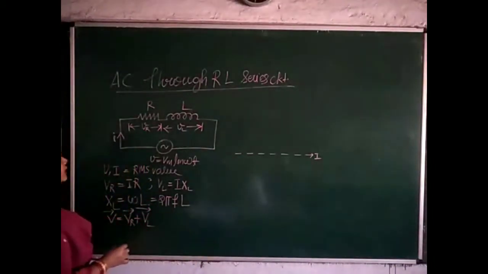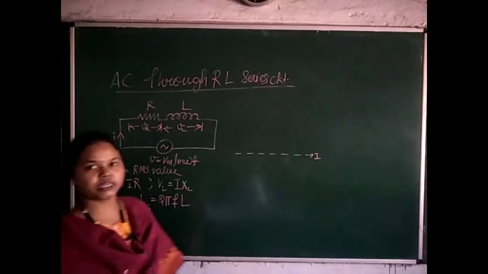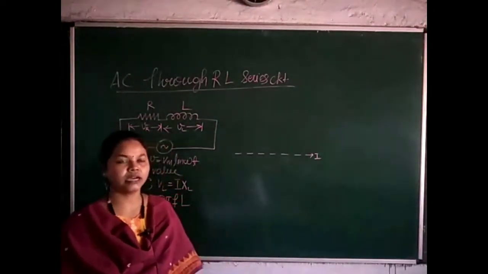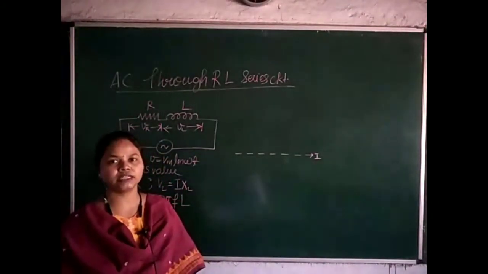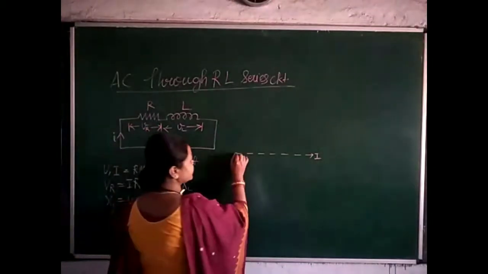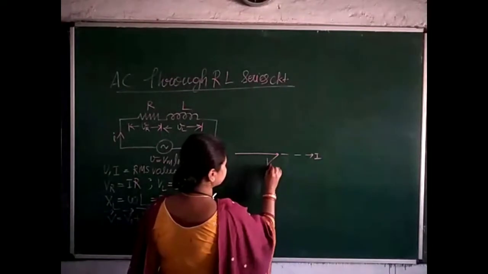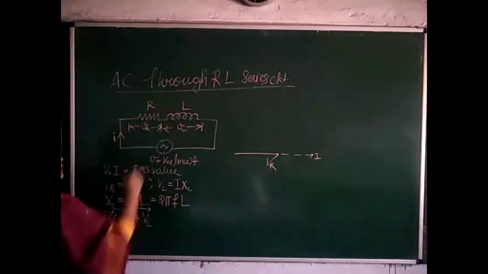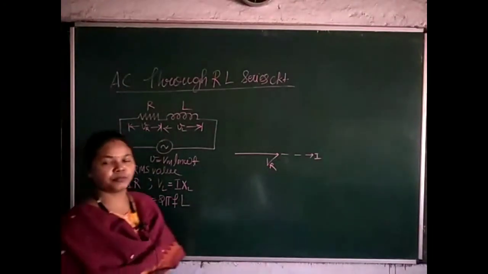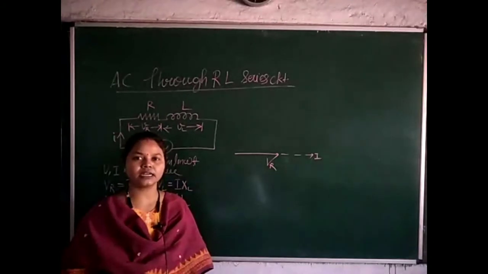Now, the voltage across the resistor, as you have learned in previous video classes, is in the same phase with current. So we draw the phasor for voltage in the same phase with current. This is VR. Then the voltage across the inductor: in a purely inductive circuit, the voltage across the inductor leads the current by 90 degree.